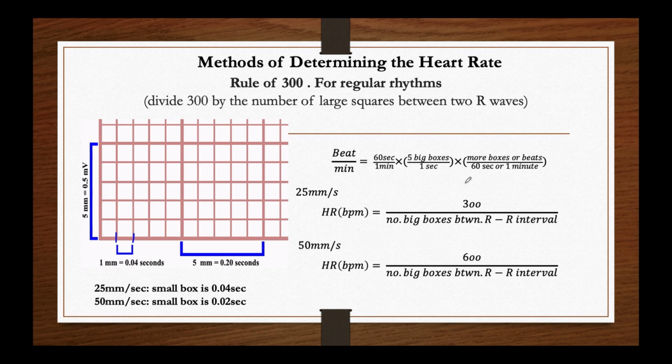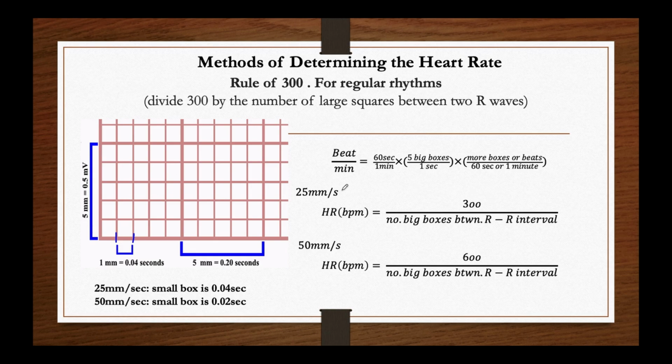And since the heart rate is measured in a minute, we multiply 5 by 60 seconds to give us 300.